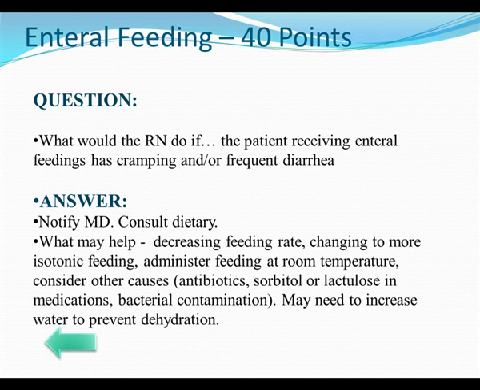What may help? Decreasing the rate. Sometimes people are just getting too much too fast. Changing to a more isotonic feeding. Some are more hypertonic than others. The hypertonic fluids are going to pull water into the bowel. So if somebody's having diarrhea, you need something that's more isotonic, like Isocal. We used to give Isocal a lot.